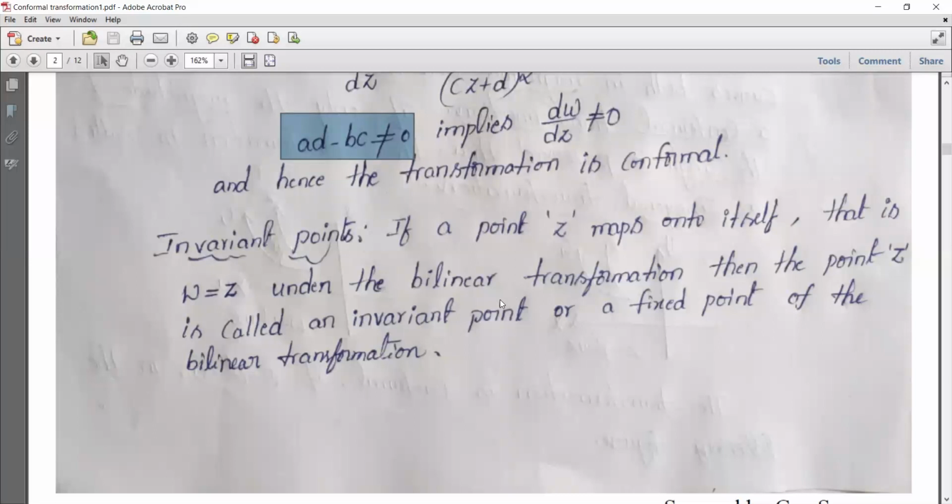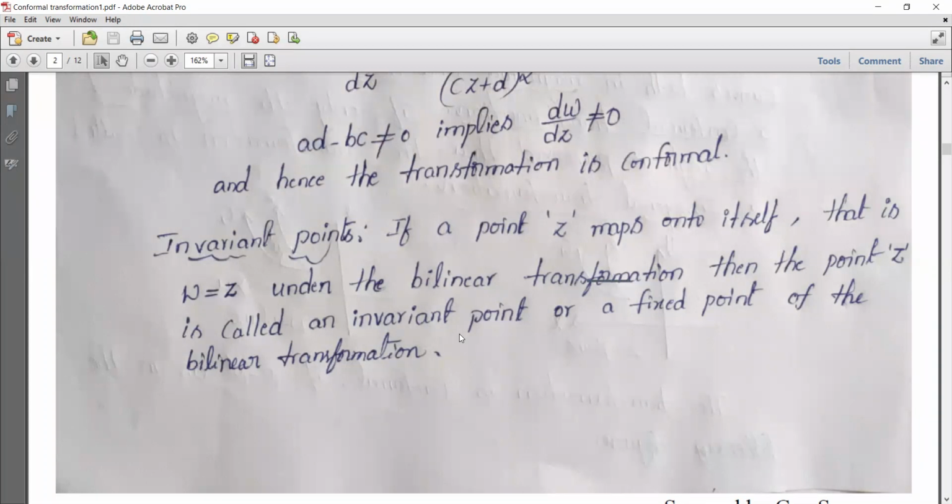To find these invariant points, we simply take the transformation W is equal to Z. So if a point Z maps onto itself, that is W is equal to Z under the bilinear transformation, then the point Z is called an invariant point.